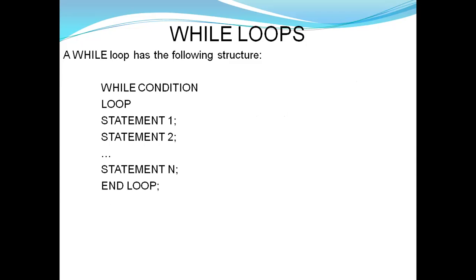And in the while, we give the condition before starting the loop. So till that condition is true, that loop will keep on iterating. Once that condition will be false, it will go to the end loop. So simple, that's a while loop.